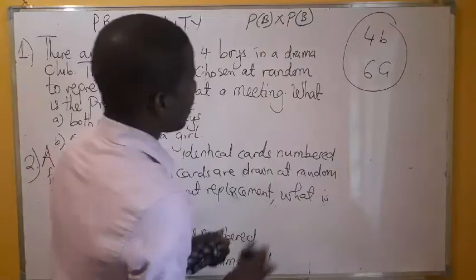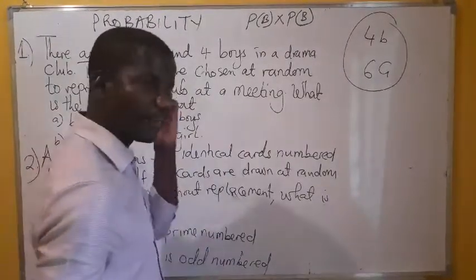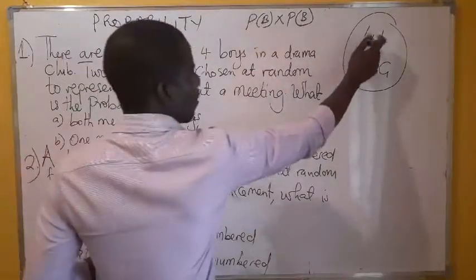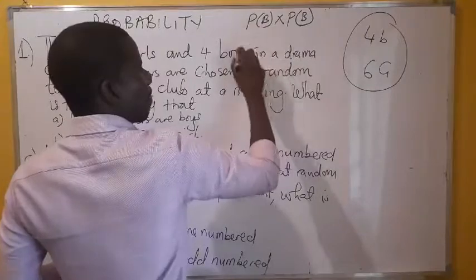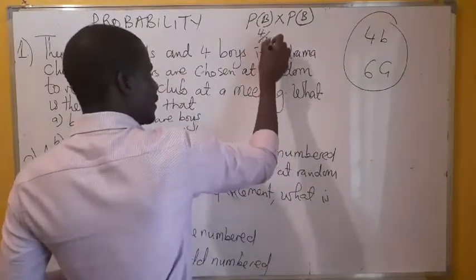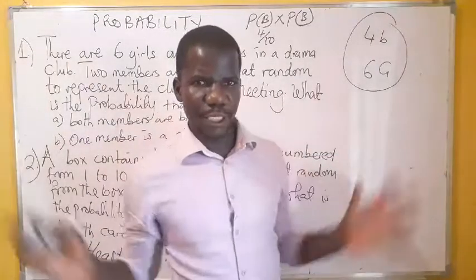You remember was it a third lesson or so where we talked about independent and mutually exclusive events? So if the first member is a boy, we're going to have 4 over the total, which is 10. There are 4 boys selected out of 10.